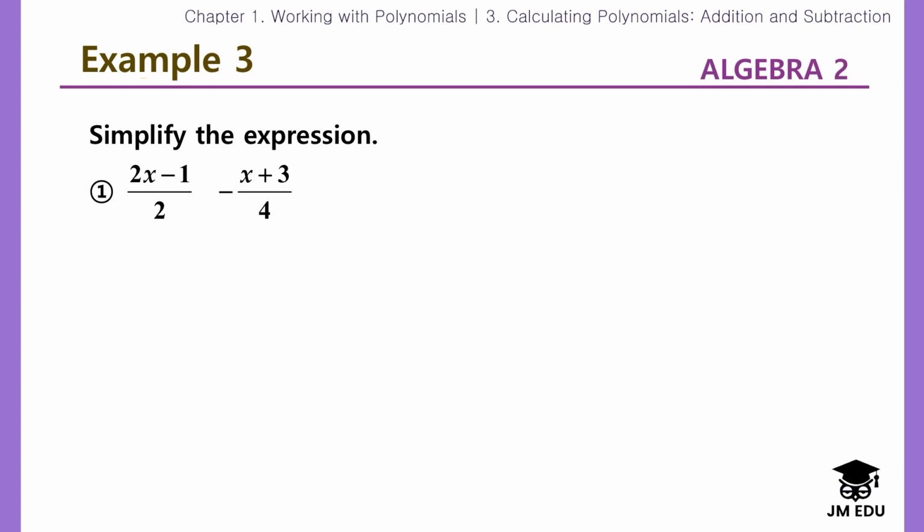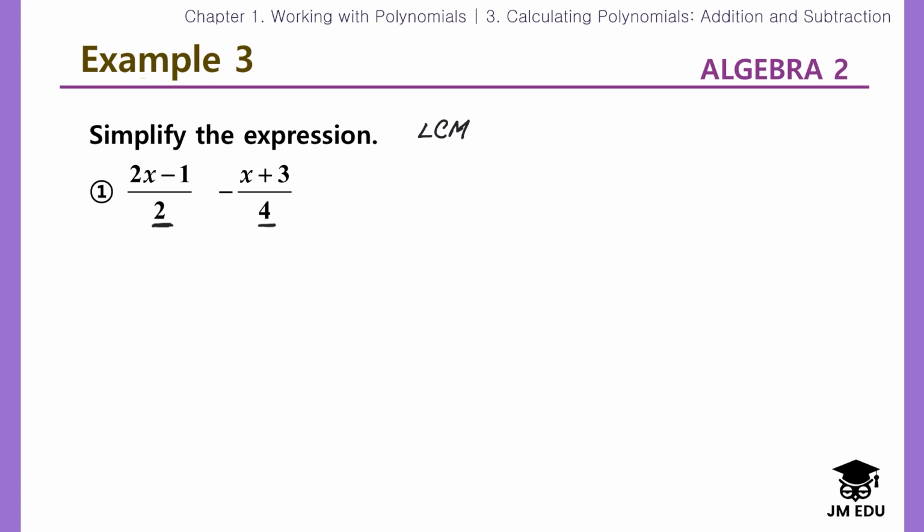Okay, example number 3. The question is to simplify the expression. We have 2 expressions in fraction form, right? So we're going to have to find the common denominator to simplify this. Our common denominator is the least common multiple of these 2 denominators.